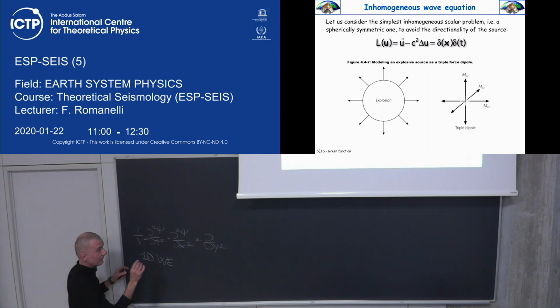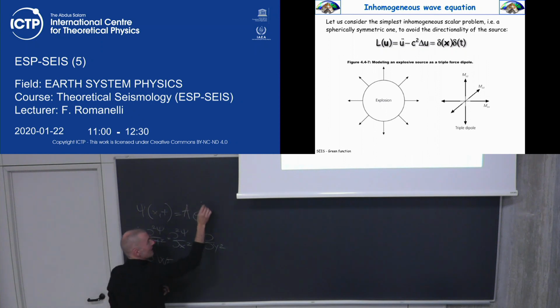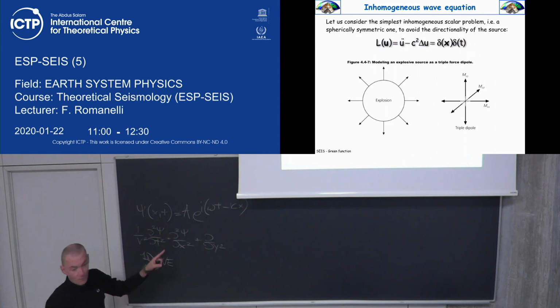For 1D. Okay. Omega t minus wave vector. Good. Thank you. Now, it's a plane harmonic wave.